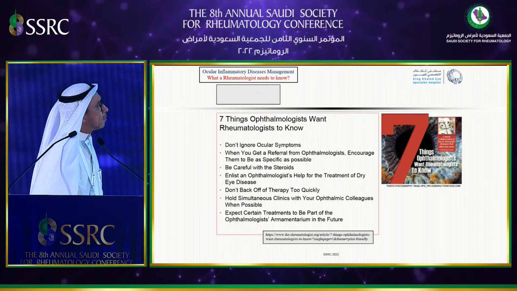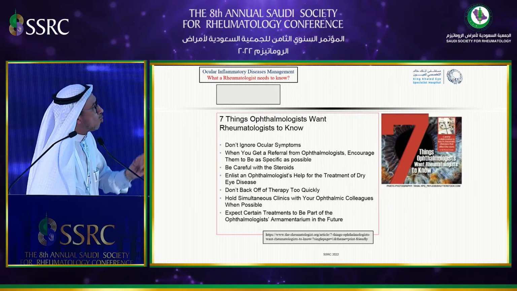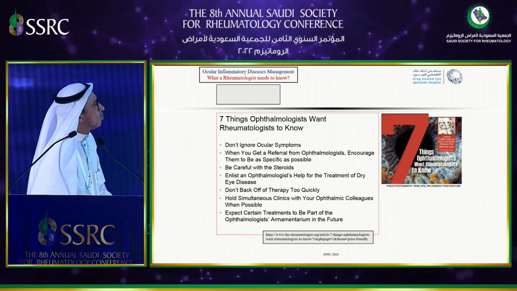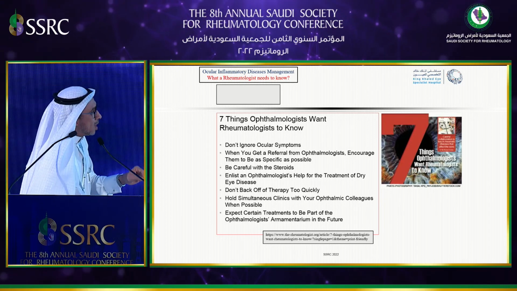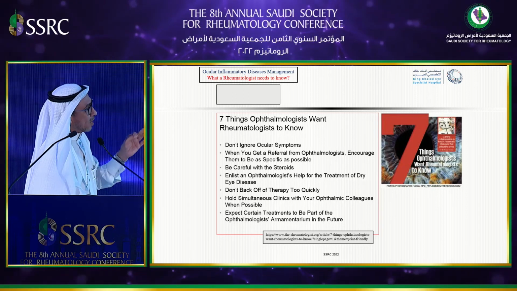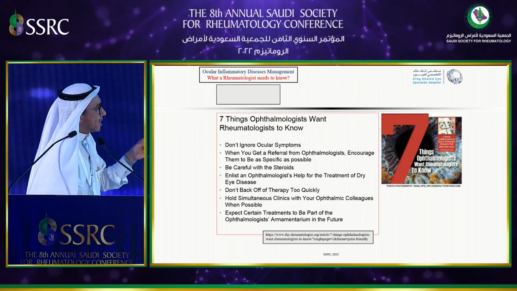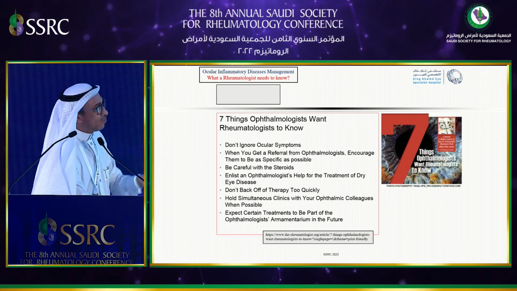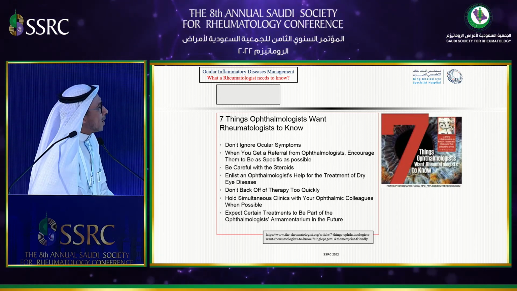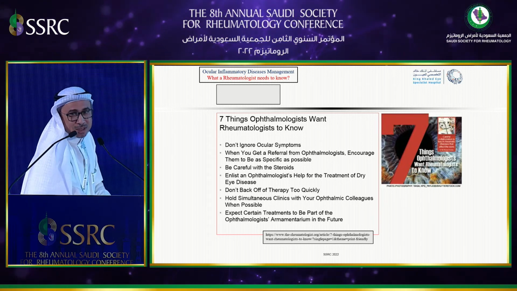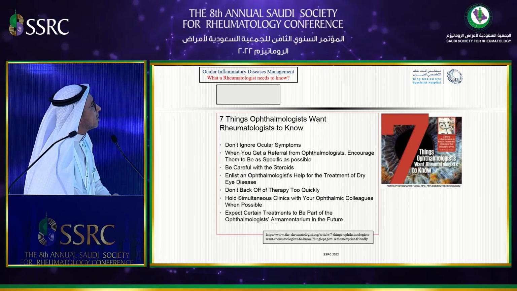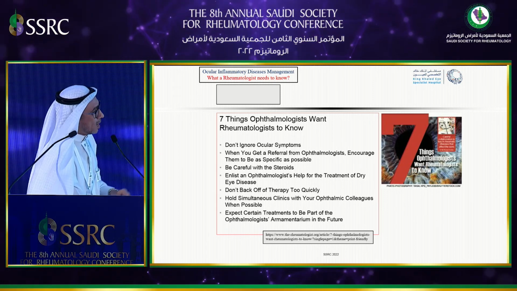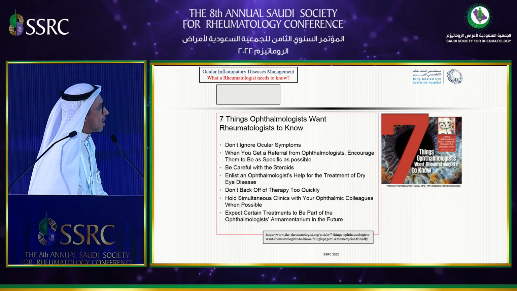So in conclusion, we have 7 things ophthalmologists want rheumatologists to know. Don't ignore ocular symptoms, and when you get a referral from ophthalmologists, encourage them to be as specific as possible. Be careful with the steroids, because this might lead to cataract and glaucoma in patients, and enlist the ophthalmologist's help for the treatment of dry eye disease.